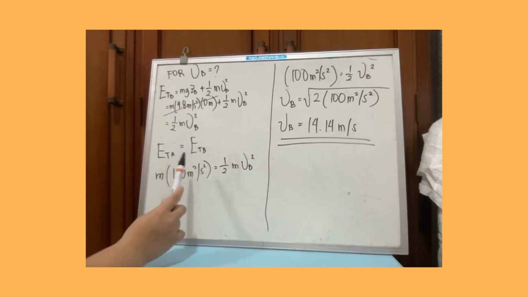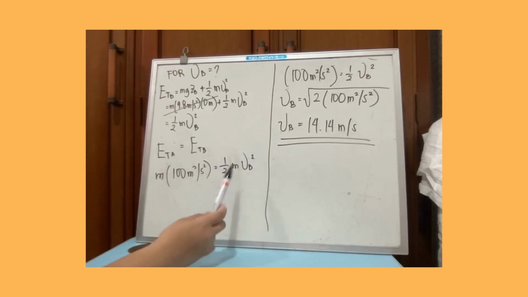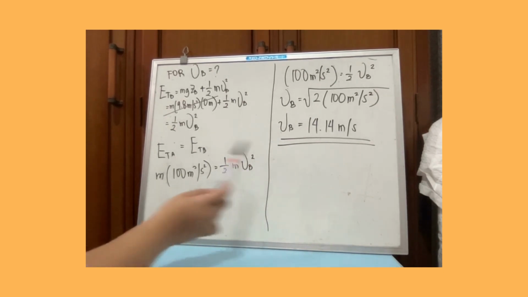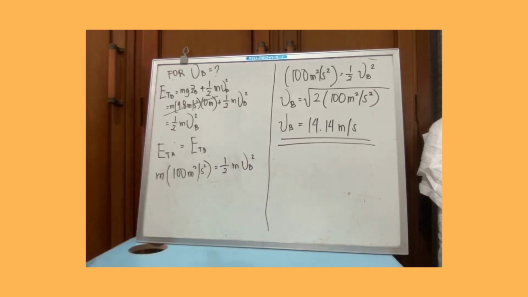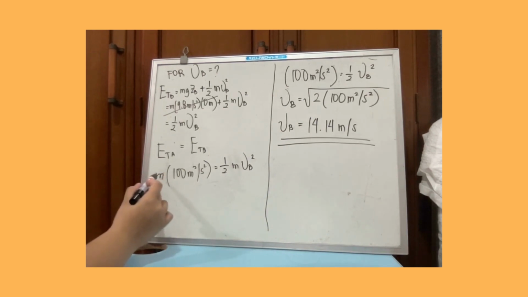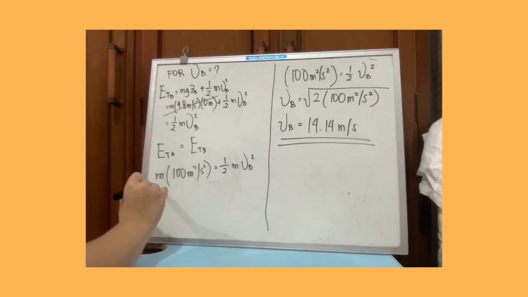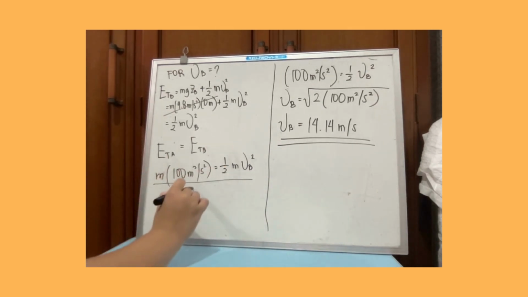Sa total energy sub B naman, meron tayong 1/2 mass speed sub B squared. So, para ma-cancel natin yung dalawang mass na walang value, ita-transpose natin itong mass dito sa kabila. Okay, so, all over M.